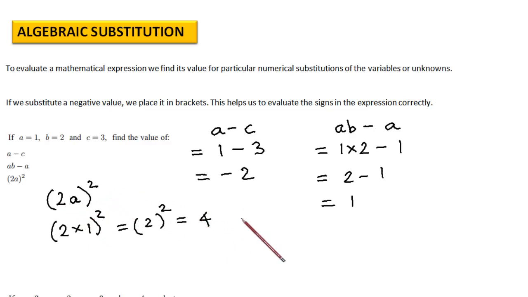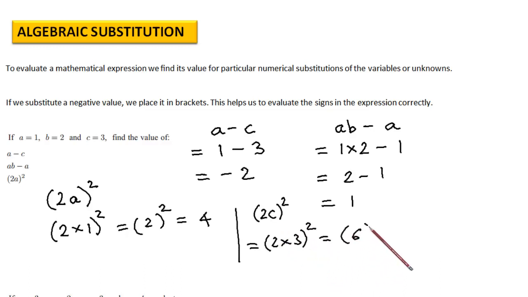And in the same manner, what was the value of, let's say, 2C the whole square? So 2C the whole square would have been 2 multiplied by the value of C, which is 3 in this case, the whole square. So we have 2 3s is 6. So what is the square of 6? It's 36.